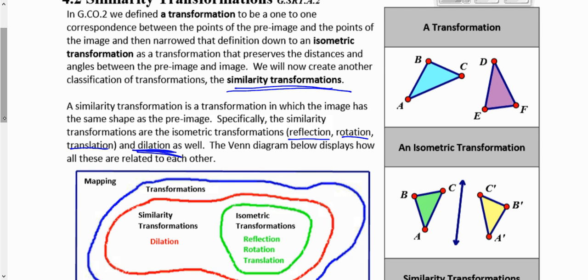Would all the corresponding side lengths be proportional for all of those? What would be the ratio if we did a translation of the corresponding side lengths? What to what? New over old.